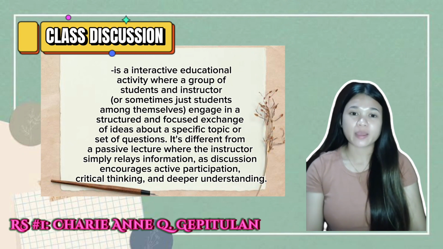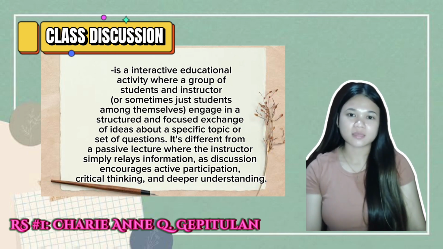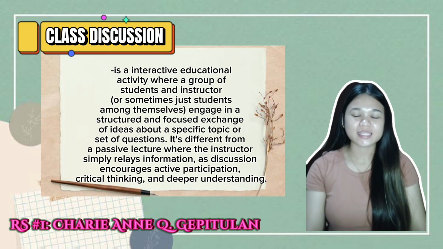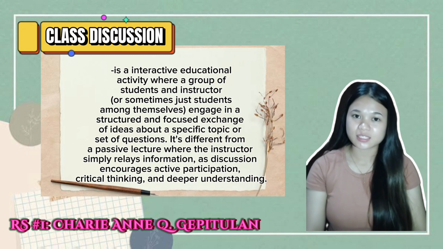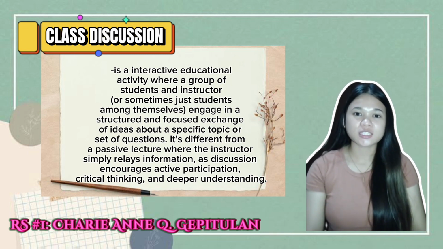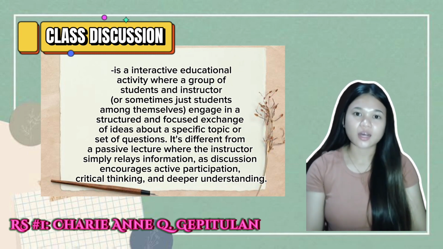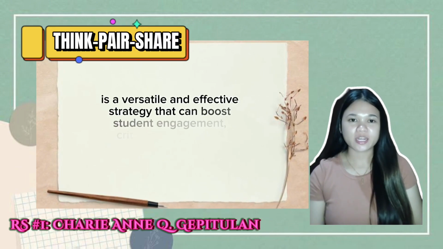Students are expected to think critically, evaluate different perspectives, and use logic to support their arguments. This type of exercise can help students develop critical thinking skills, communication skills, and the ability to think on their feet.